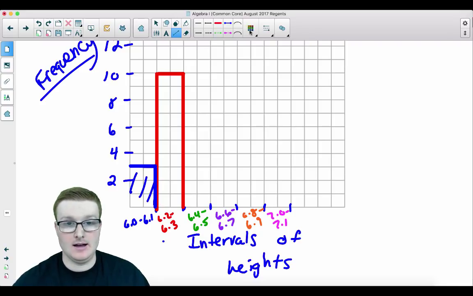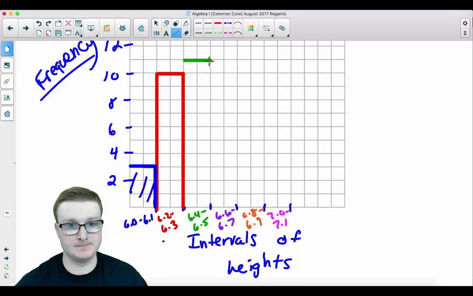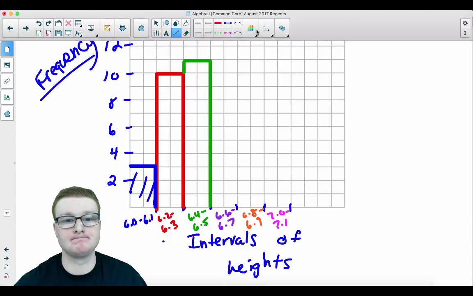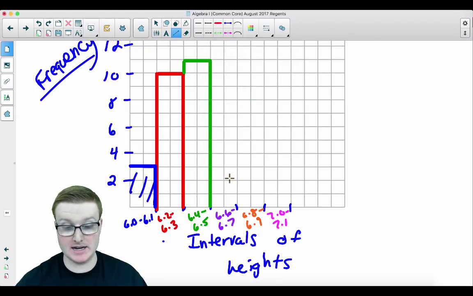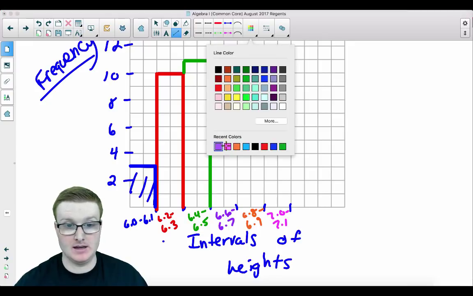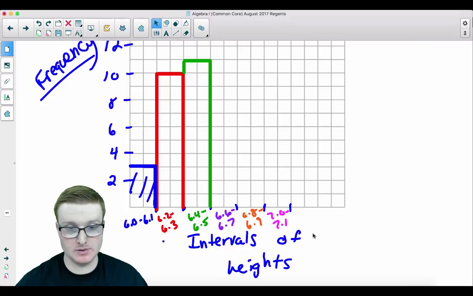Okay. Then we got the green portion. The green portion is 11 people. Then we got nothing over here. So the purple's good. The orange, there's 2 people.